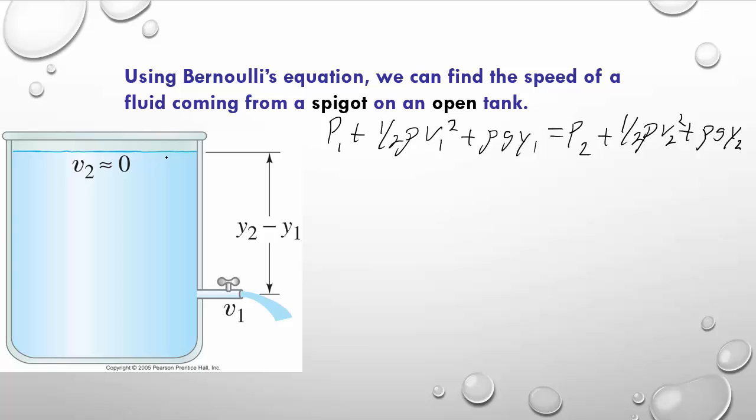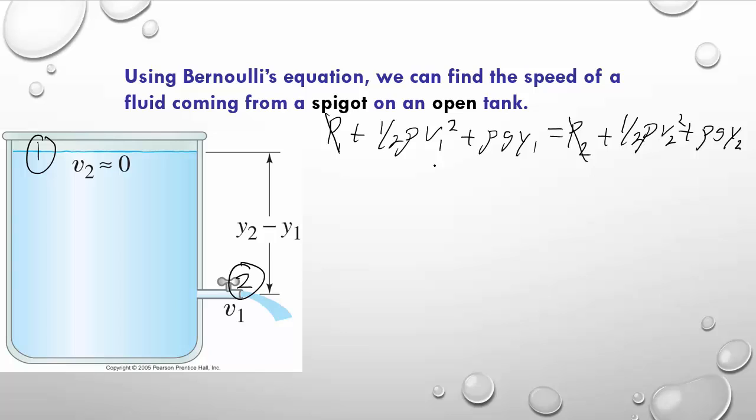Okay, so if we say that the top of our fluid right up here is where we're going to look at the left-hand side of our equation, and right here where it's exiting the spigot is the right-hand side of our equation over here. So the pressure on the top here is 1 atmosphere, and when we first open that spigot, the pressure out there is also 1 atmosphere pushing in on it. So those two pressures are equal, so they will cancel out.